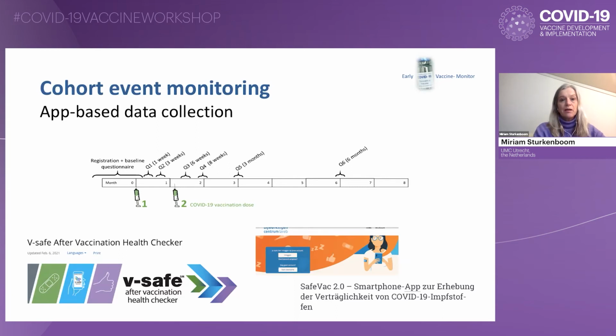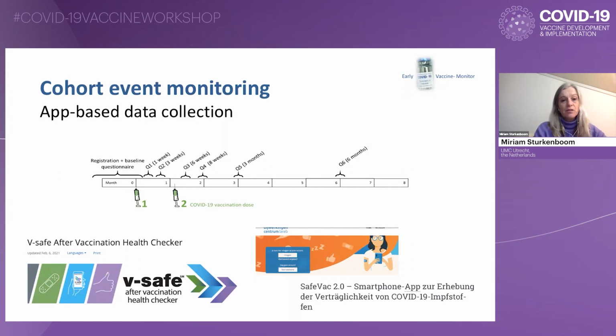to actually interpret them. Now here we look at the next step, that's the cohort event monitoring, which has been put in place specifically also for the COVID-19 vaccines. It's active surveillance, so you really want people to actively report, and the way this is being undertaken is that people that are vaccinated are invited to participate in this cohort event monitoring.